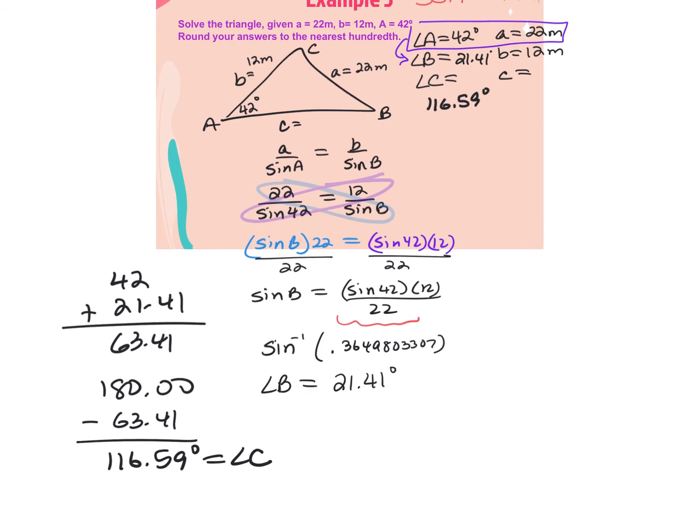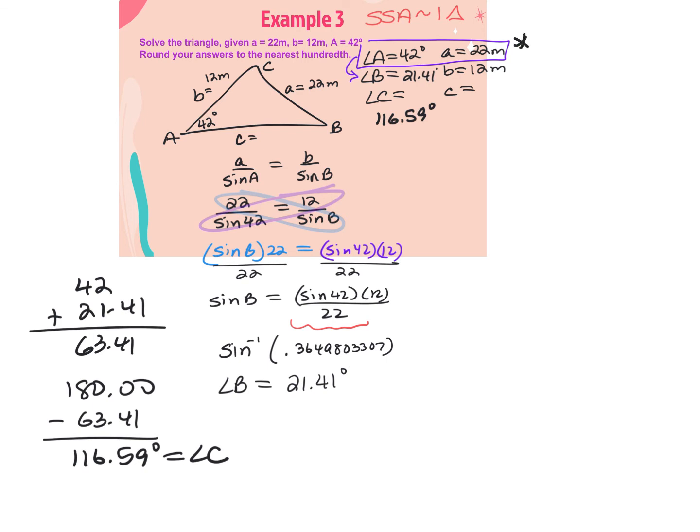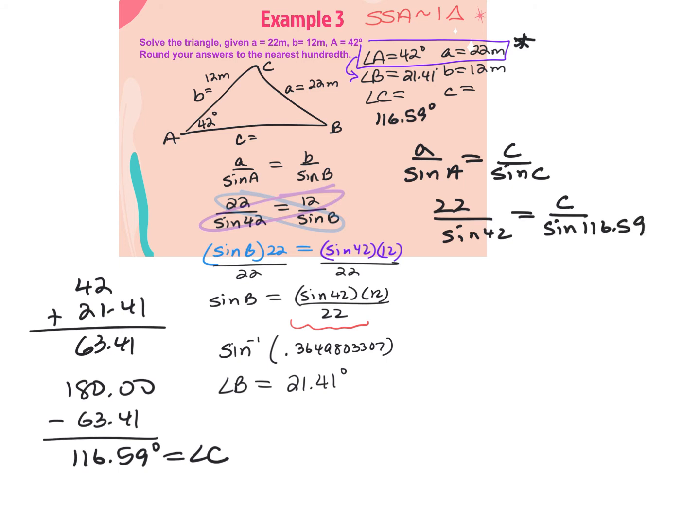Now that I have angle B and angle C, now I have to do one more proportion to find side C. So now what I can do, again, I always like to use the given side and angle. So I'm going to be doing A over the sine of A is equal to C over the sine of C. And I get 22 over the sine of 42. And then I don't know side C. And I'm going to use that newly calculated angle in my proportion.